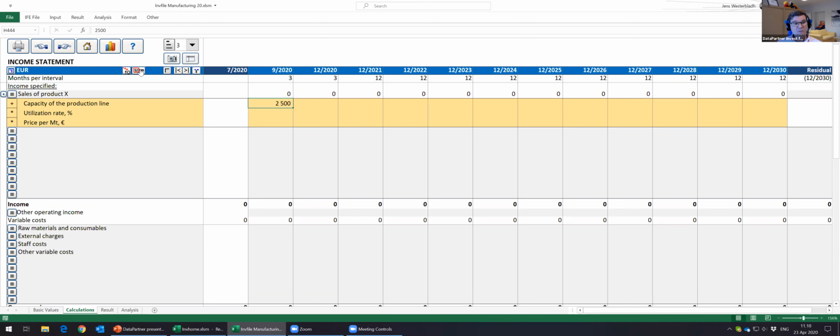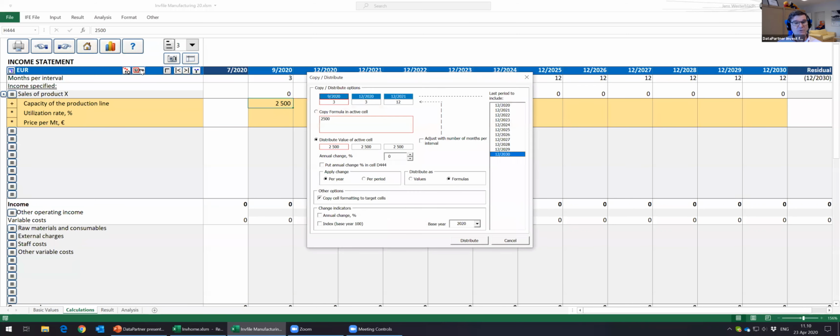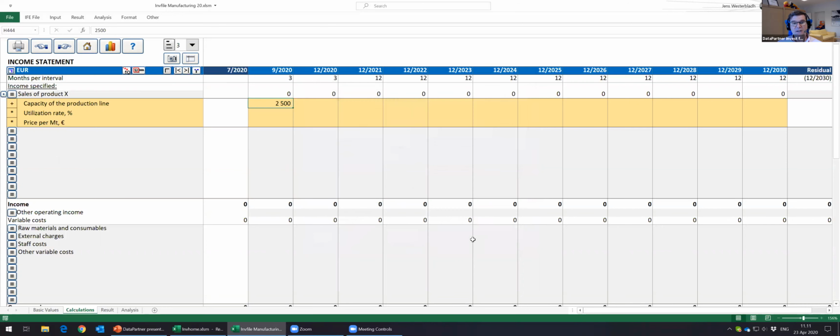So getting to know this button and using it actually really makes life simpler. So I press the button, I select to adjust with number of months per interval so that it always reads how many months there is per column and adjusts for that. Then I can have some change. In this case, I don't want change. So that's it. Third click and it goes off.